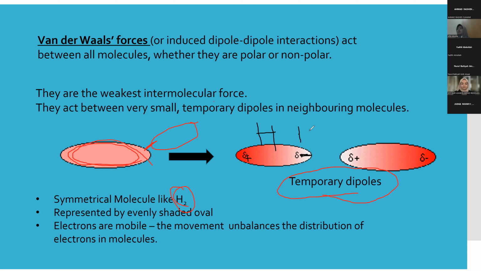Actually, hydrogen has no dipoles, but sometimes they have temporary dipoles, because this is negative and positive, so they interact and make an interaction. But this is temporary. So of course, because it's temporary, sometimes it will be lost.